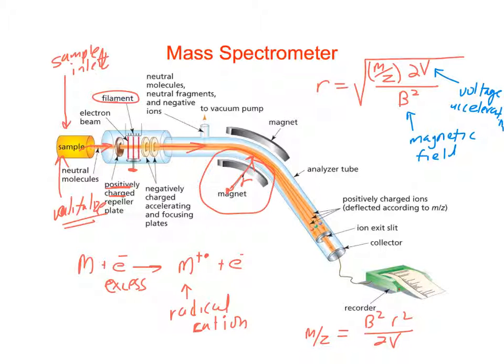Okay? So essentially what we can do is we create a bunch of different ions, molecular ions, and then they fragment, and we get these fragment ions. They all get accelerated down the tube, and then what we have to do is scan through, usually, the magnetic field.